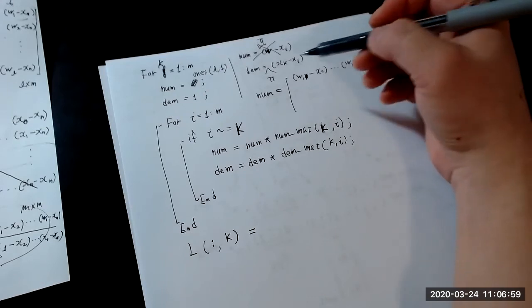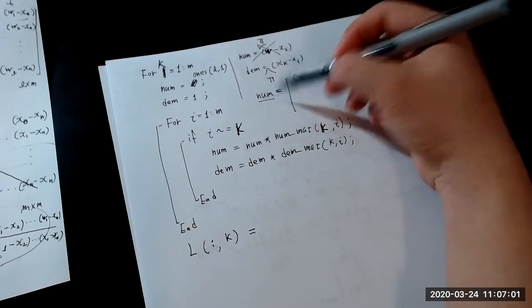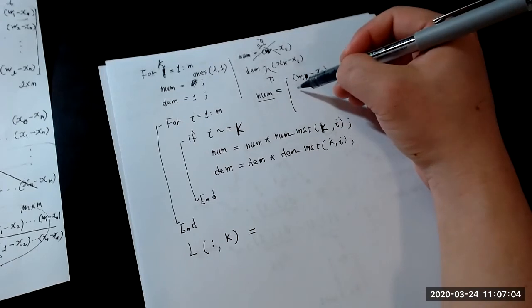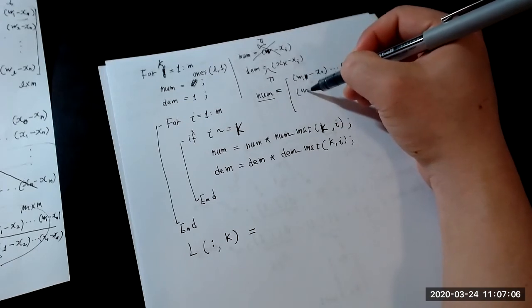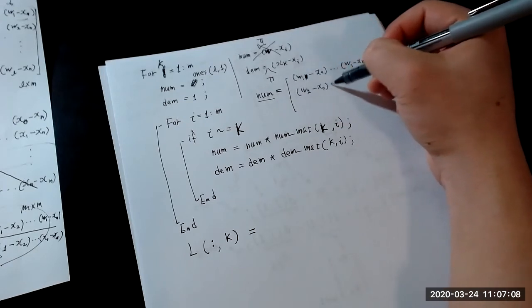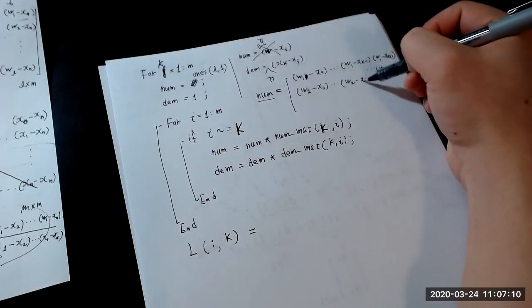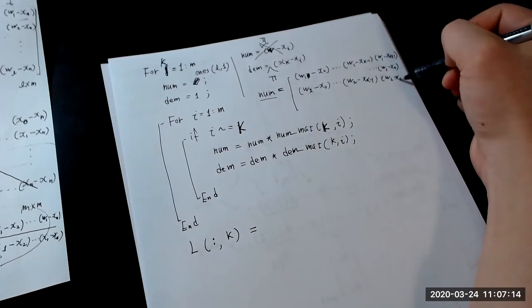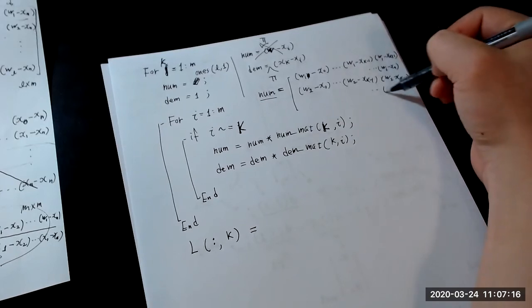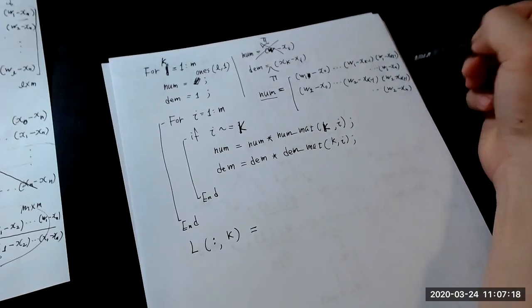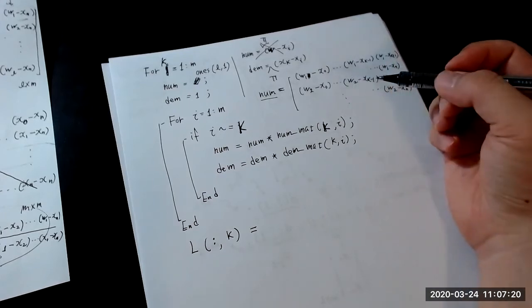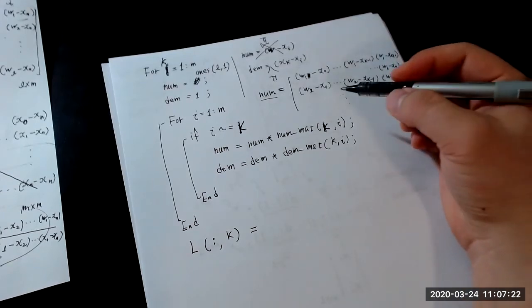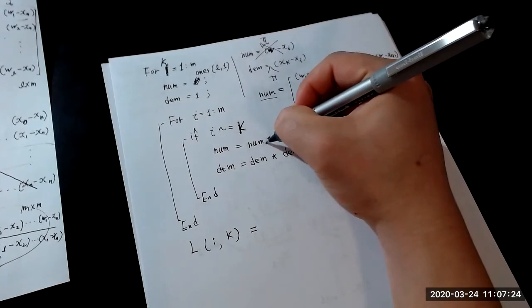And the second entry is going to be W2 minus X0 through W2 minus X(k minus 1), then W2 minus X(k plus 1) through W2 minus XN. All right. So now the NUM is going to be, we have to put a dot right there.